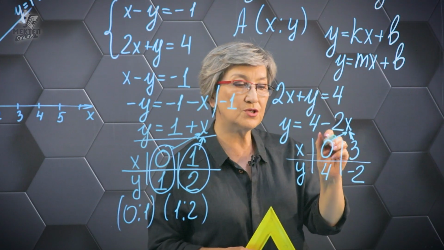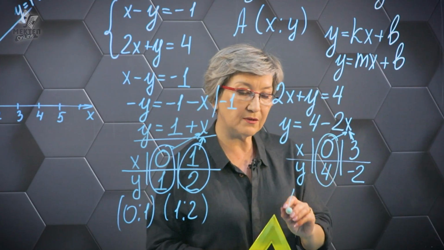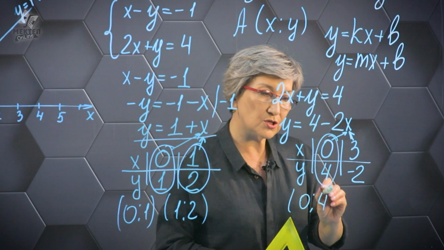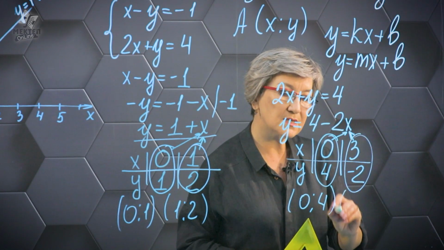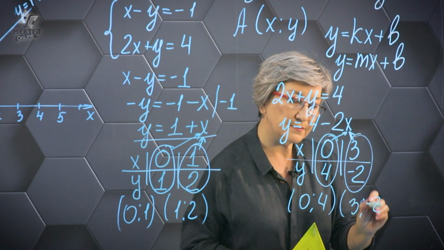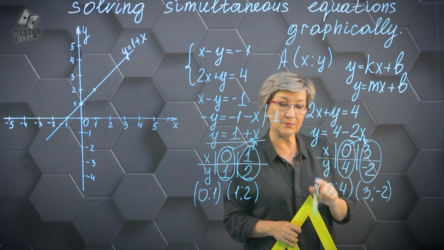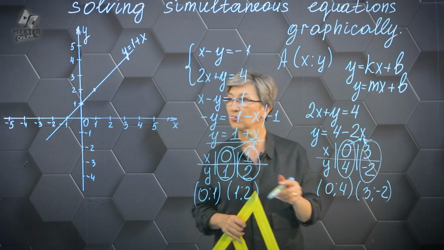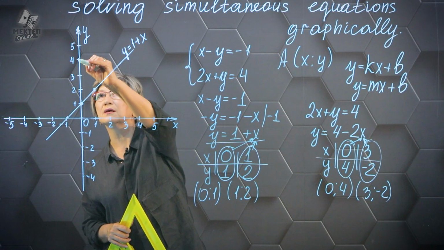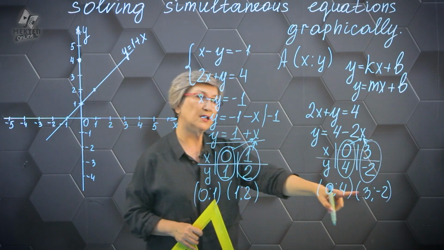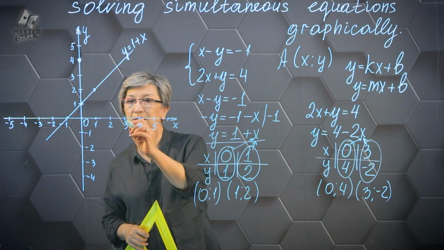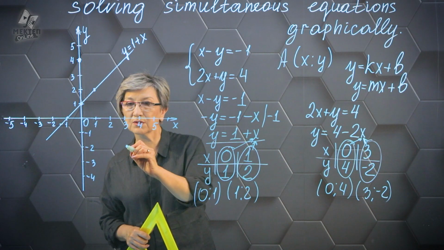As a result, I obtain 2 more points. The first point is at coordinates 0, 4, and the second point is at 3, -2. Let's plot these points on the coordinate plane. The first point is at 0 and 4. This is the first point, and the second point is at 3 and -2. Here it is, 3 and negative 2.